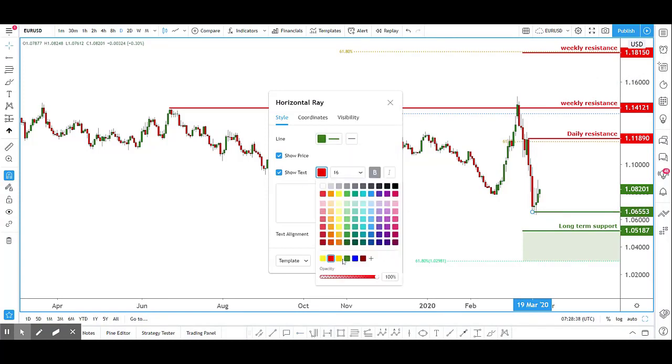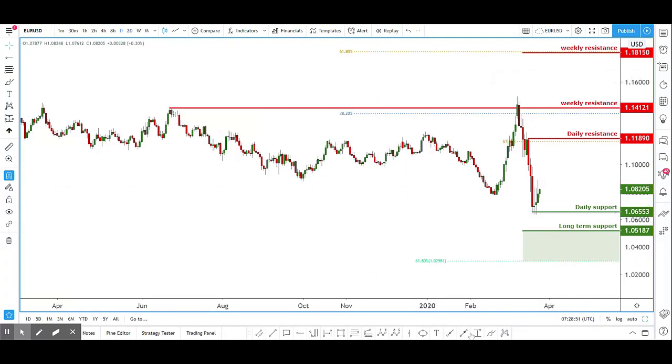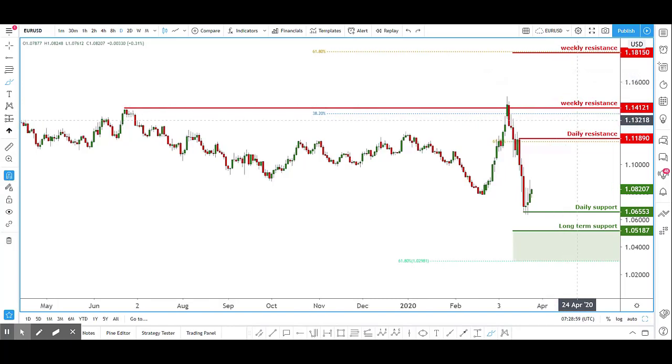Now why I'm taking this level is because price has rejected off this level multiple times. So I expect price to actually bounce from this level up, and this will be my first take profit, daily resistance, with my second take profit at weekly resistance.